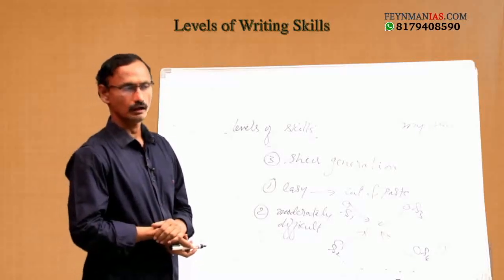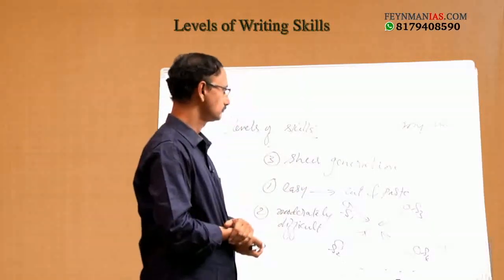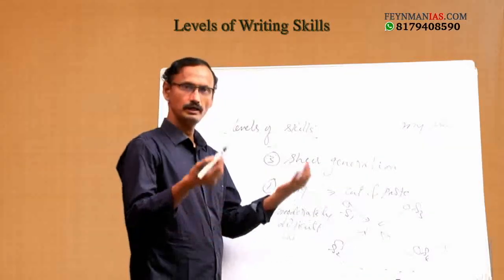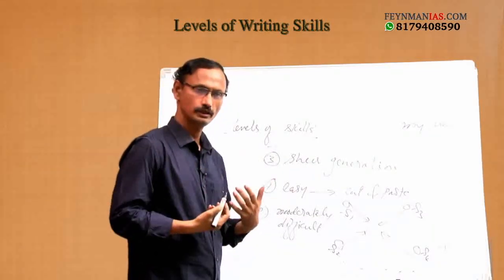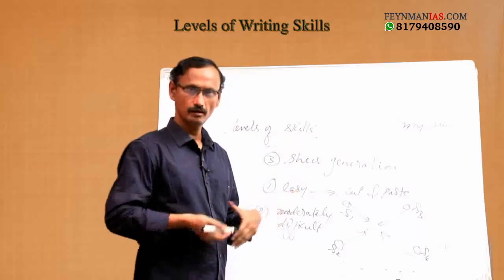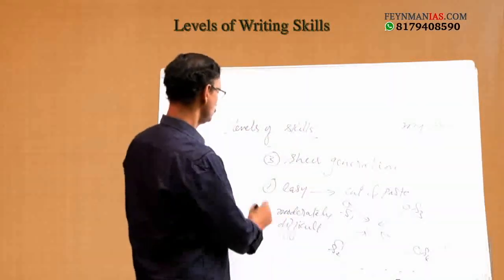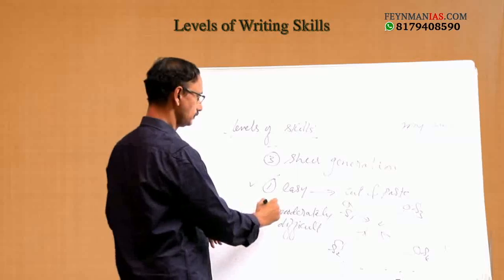Generation almost out of nothing. Make an internal inward journey and then generate an answer and bring it out. The first level, second level, and this is the third level.